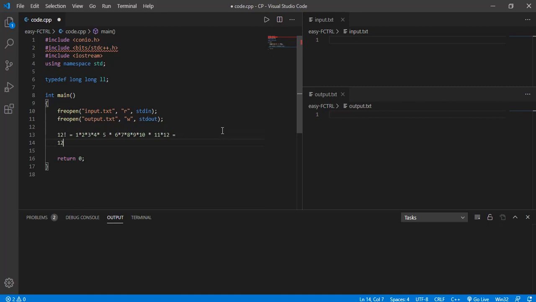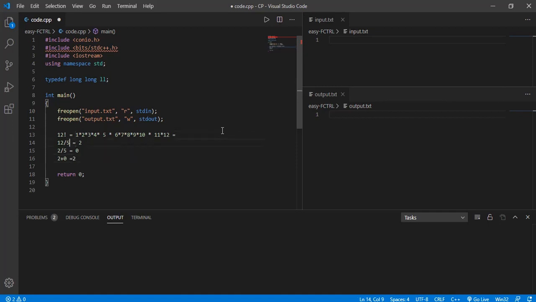We can just divide 12 by 5, we get 2, and then again divide 2 by 5, we're going to get 0. So we'll get 2 first and then 0, and then we'll just add. So that is it.